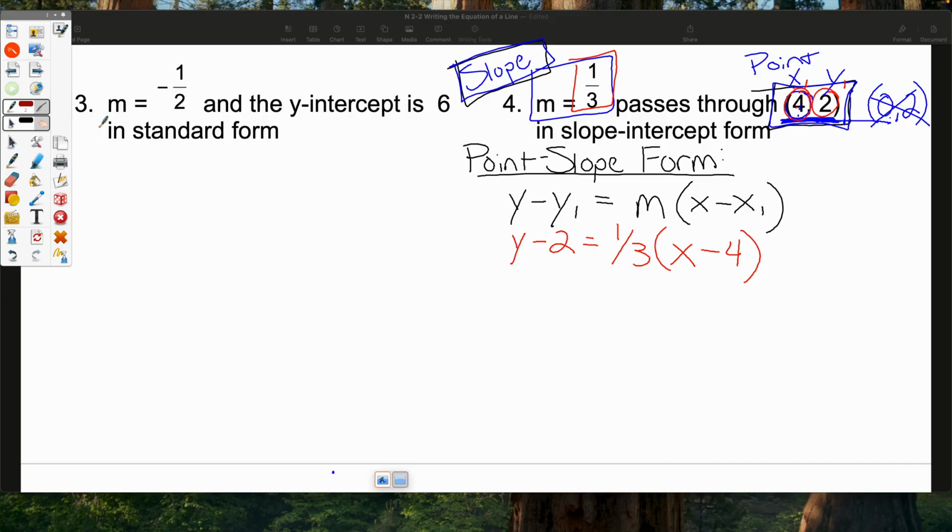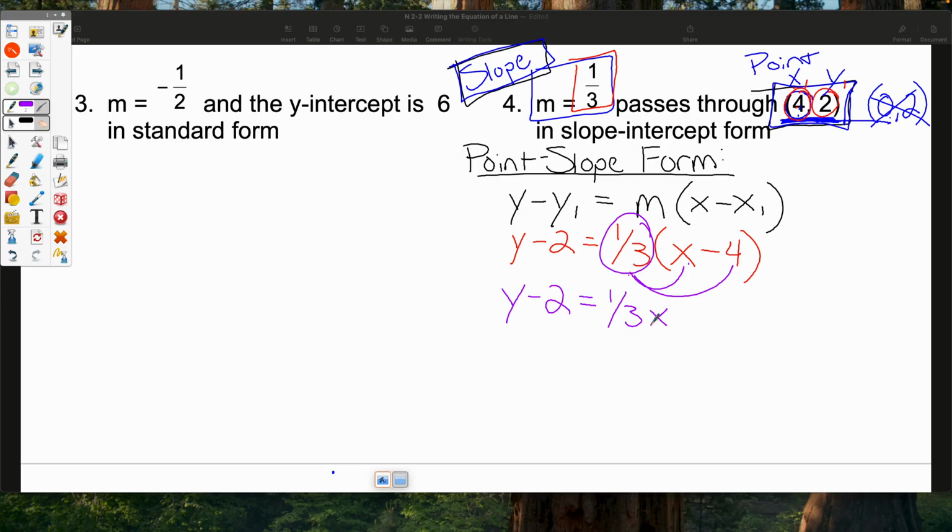All right, first step here. Let's distribute this 1/3 into my parentheses. So we're going to do 1/3 times x and 1/3 times -4. On the left, I still have y minus 2 equals 1/3 x.